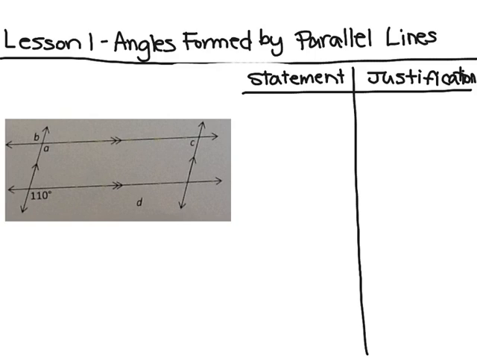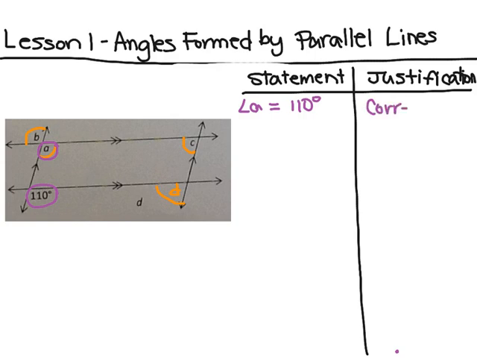Example 6, we want to find angle A, angle B, angle C, and angle D. So what we're going to do is work in steps. Let's find angle A first. A is in the same position as 110 degrees. So we know that angle A equals 110 degrees, and our reason is corresponding angles.